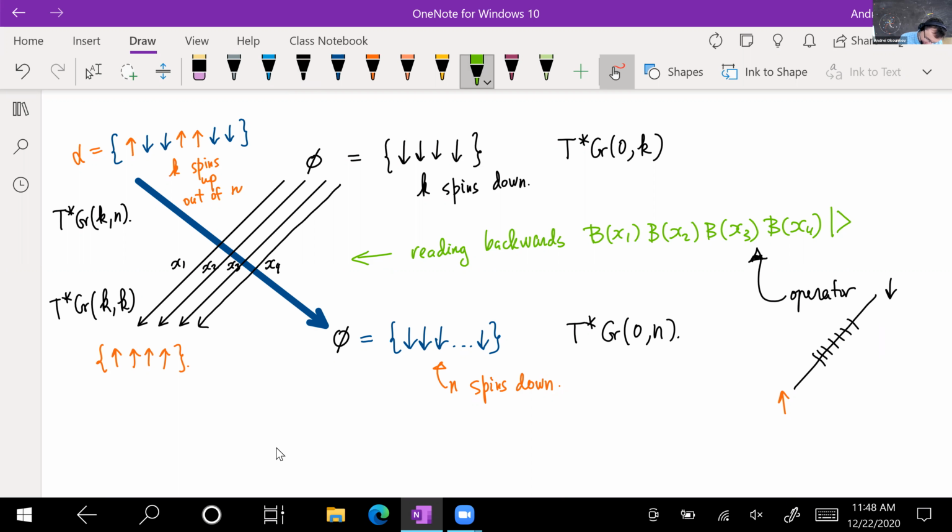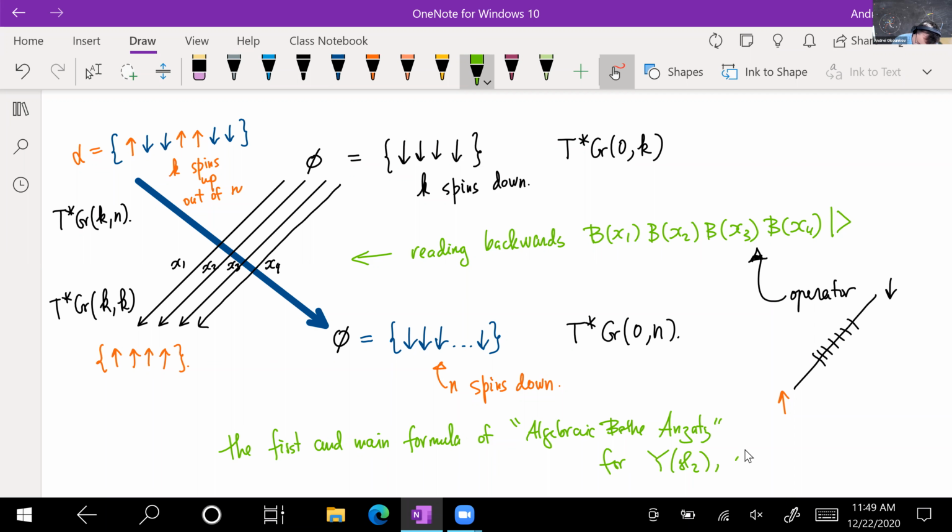It's the first and main formula of the algebraic Bethe ansatz. This is the one for the Yangian of SL2 or U_h-bar of SL2 hat, maybe GL2 hat, and so forth.